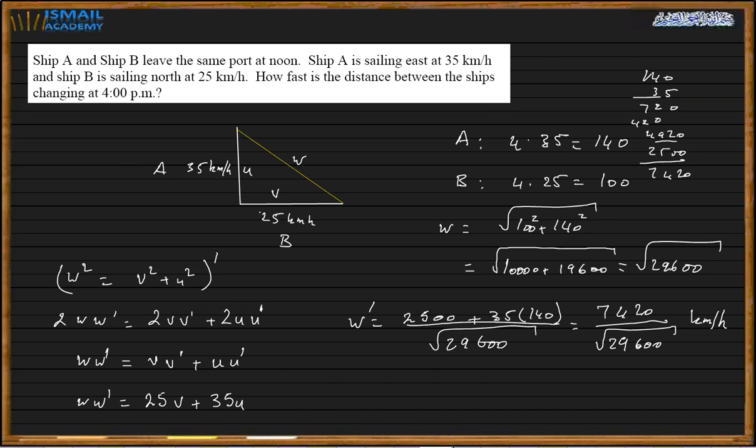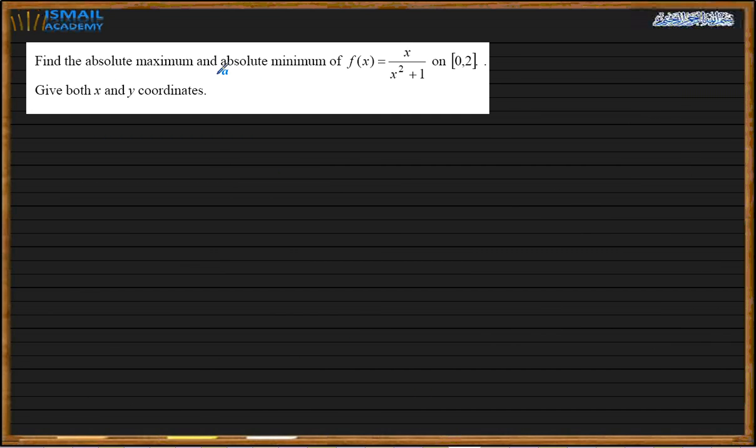All right, the next one: find the absolute minimum and absolute maximum of f of x on the interval from 0 to 2. Here this is not local, it's absolute. That's what I need to do first: find the derivative.